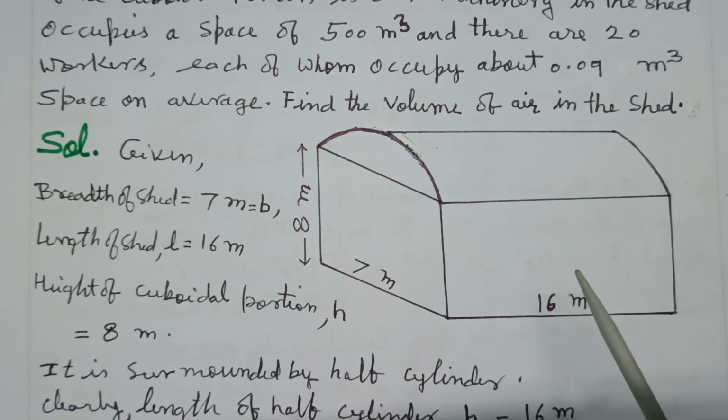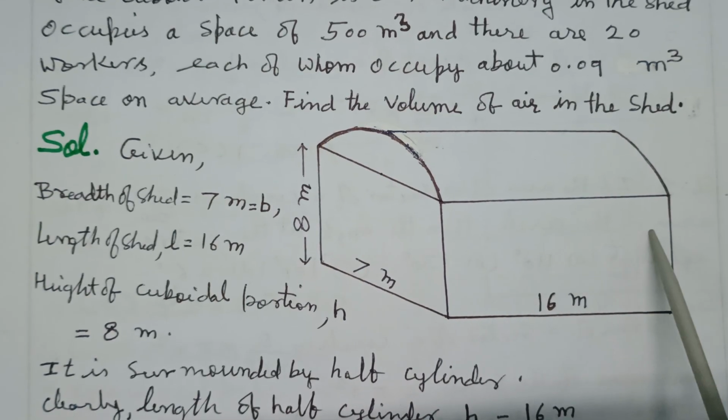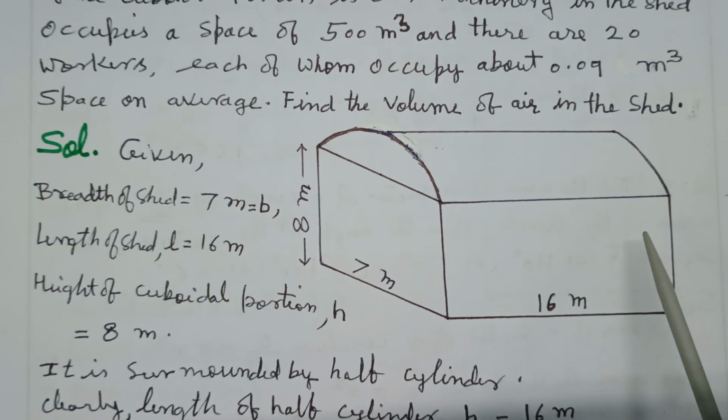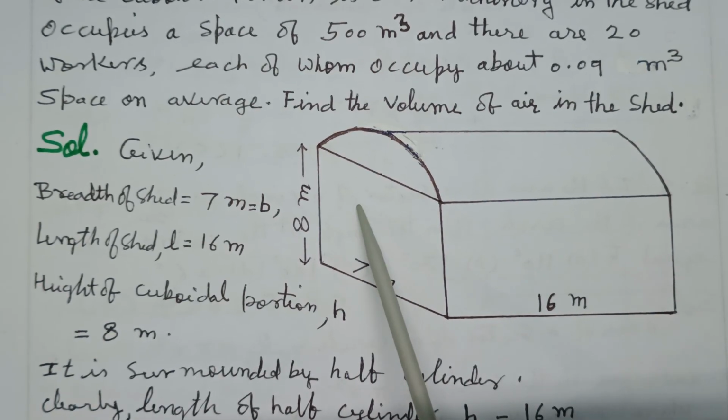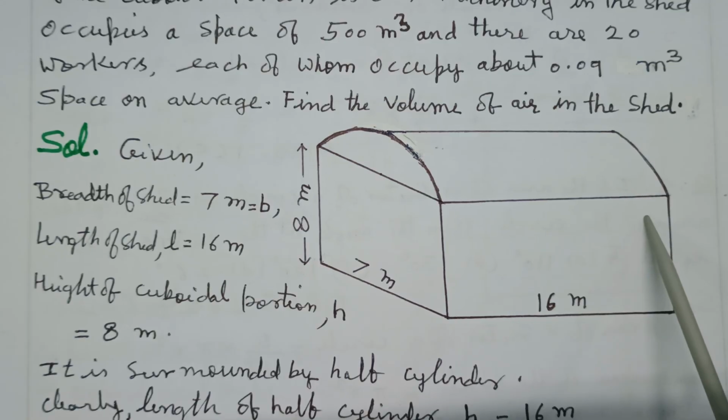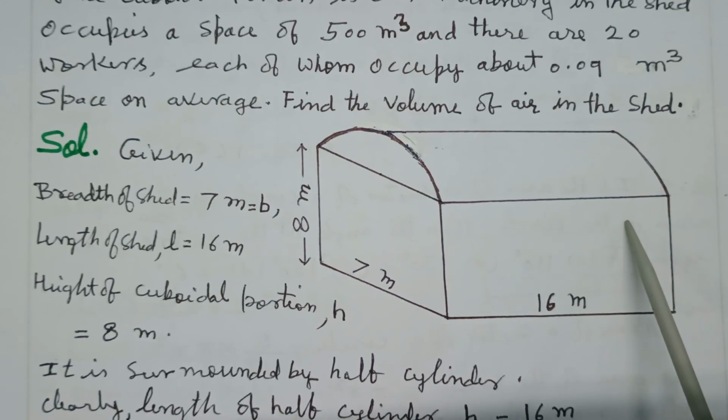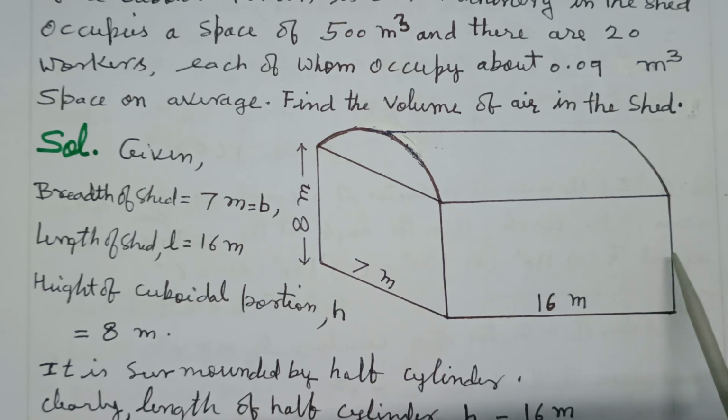The space occupied by the machinery in the shed is 500 meter cube and 20 workers are working in the shed, and each worker occupies about 0.09 meter cube space. So we have to find out the volume of the air in this shed.